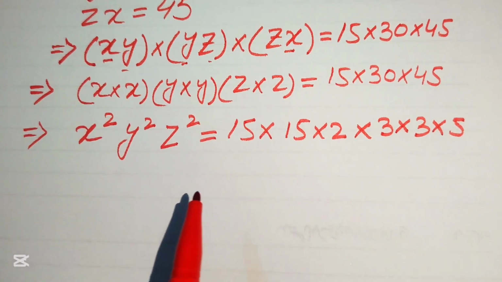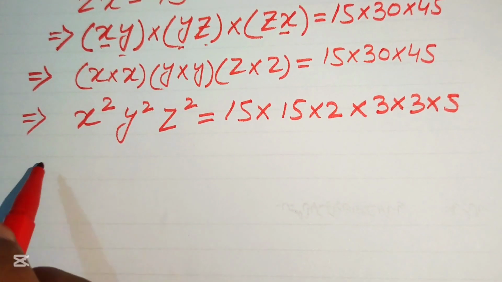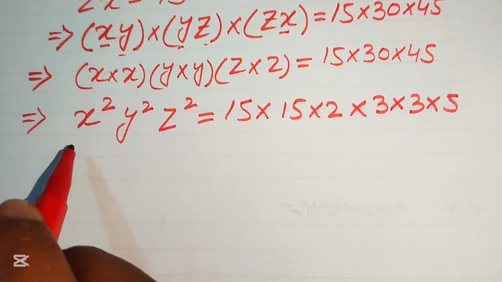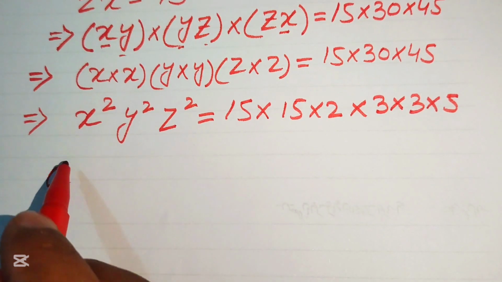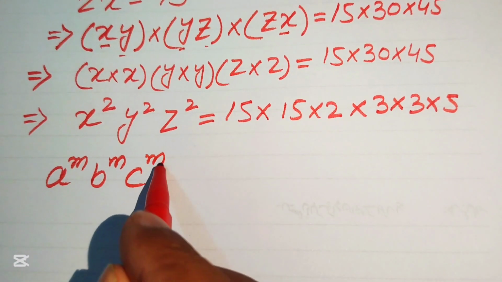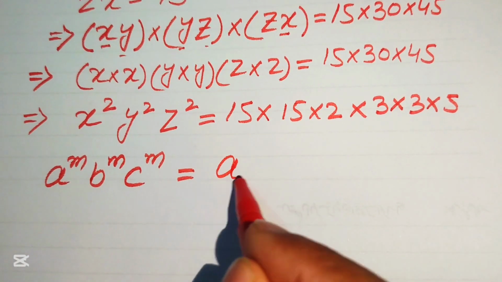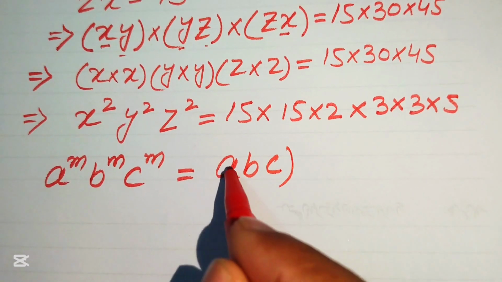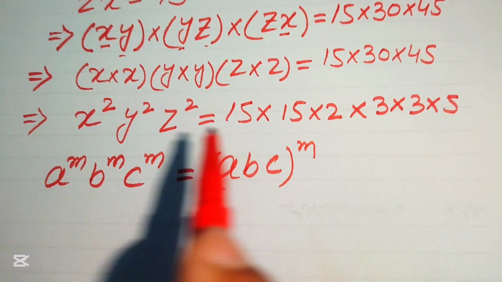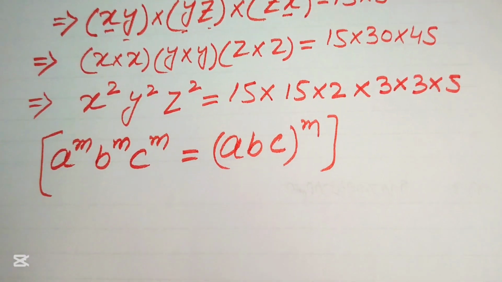Okay, so here we use the exponent laws. You see, if we have a to the power of m, b to the power of m, and c to the power of m, we can just combine these three terms and write it as a, b, c, and its exponent is m. So we will apply this nice rule in the left hand side.